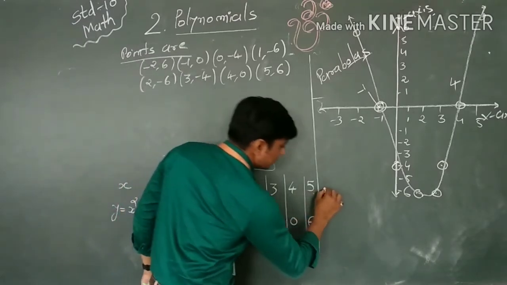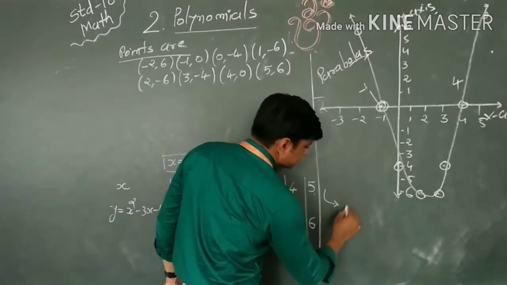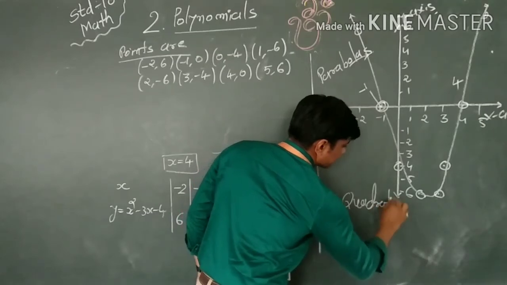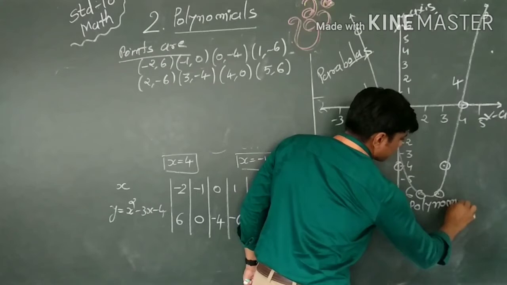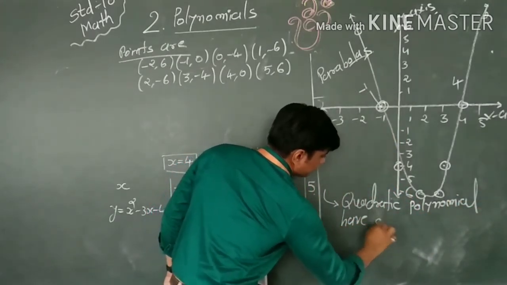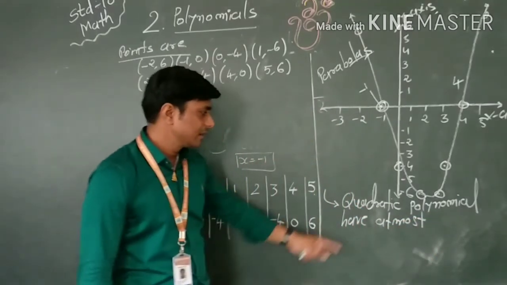This is a very important thing. Therefore we write here: a quadratic polynomial has at most, this is a very important word, at most 2 zeros.